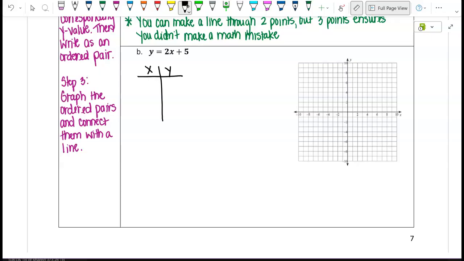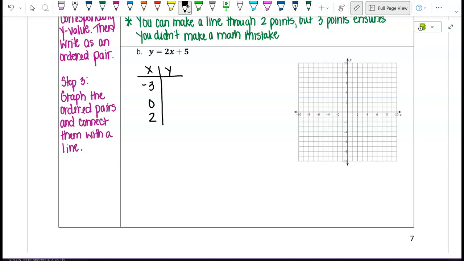This time I'm going to go with -3, 0, and 2. Again, I always like 0. For one thing, the math is very easy to do because multiplying times 0 equals 0. And it also gives me my y-intercept when I put 0 in there. But again, I have a negative number and I have a positive number.